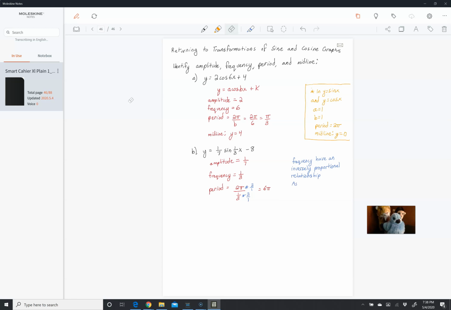So it's an inversely proportional relationship. As one increases, the other decreases by the same factor. That's why we say inversely proportional.